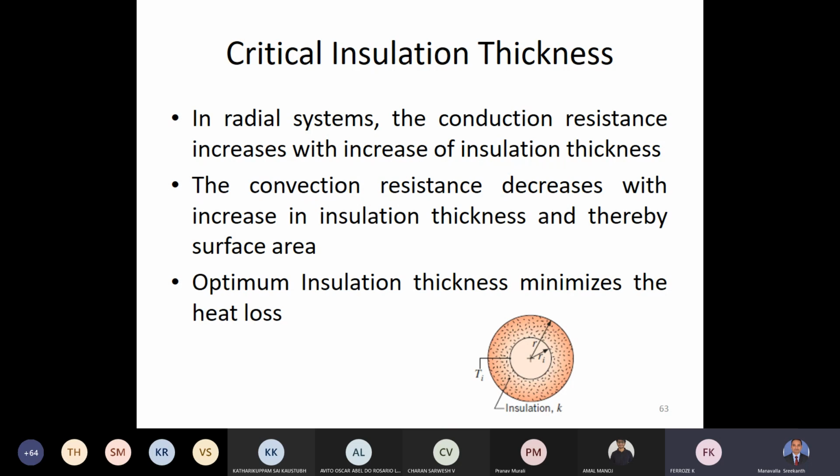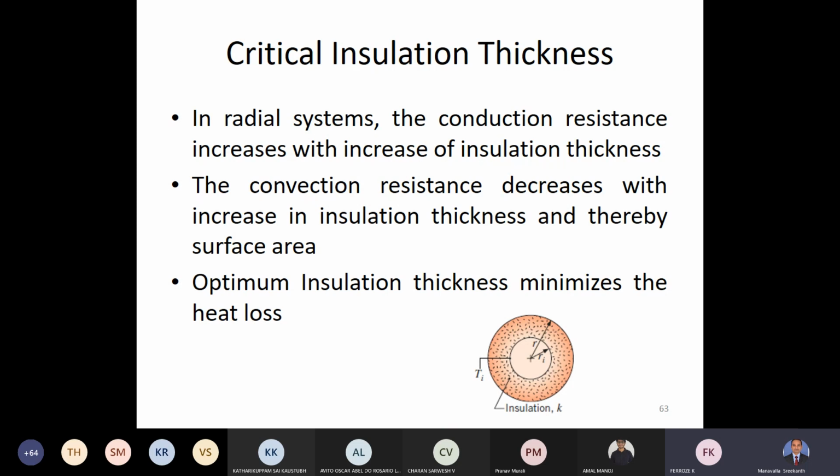In such a case, when we want to avoid a burn, we put an insulation over that, but we also want the heat to be evacuated. Ideally, if there is no insulation cover, then the heat transfer will be maximum because there is zero resistance. But for the sake of safety, either to avoid burning or shock, we put in insulation.